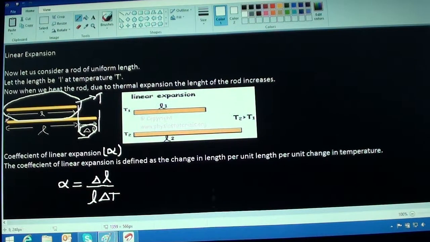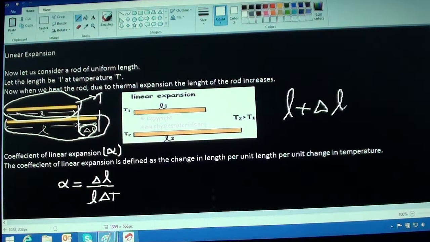This is the new length, that is L plus delta L. The coefficient of linear expansion, denoted by alpha, is defined as the change in length, delta L, per unit length L, per unit change in temperature.